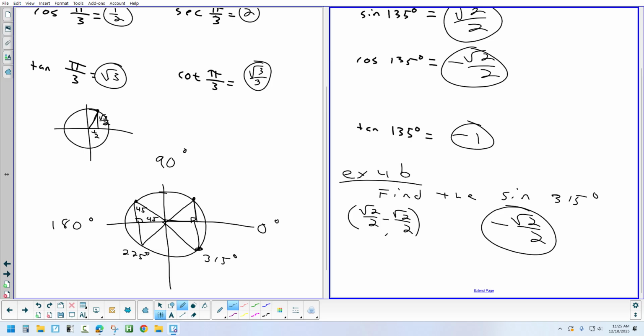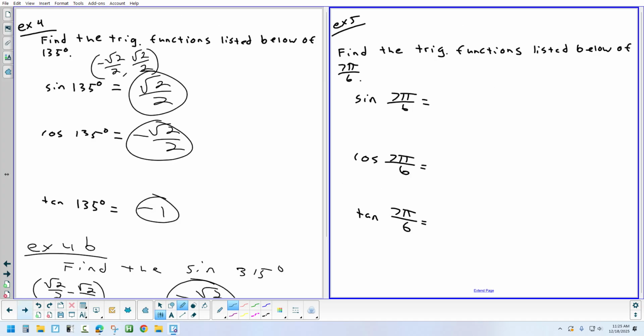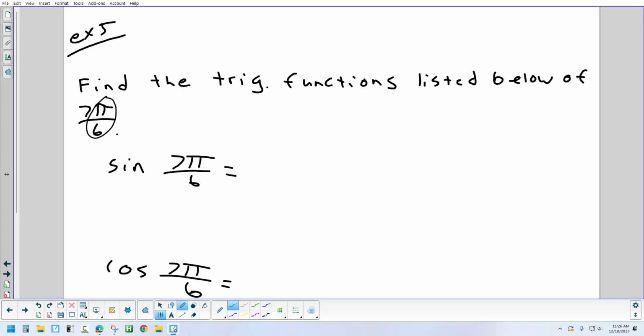Okay, now we're going to work with the 30s and the 60s in the other quadrants. That's the same thing. Okay, we know we got the 1/2, root 3 over 2. It's just sometimes they're going to be negative now. Okay, 7 pi over 6. Well, what's pi over 6? 30 degrees.